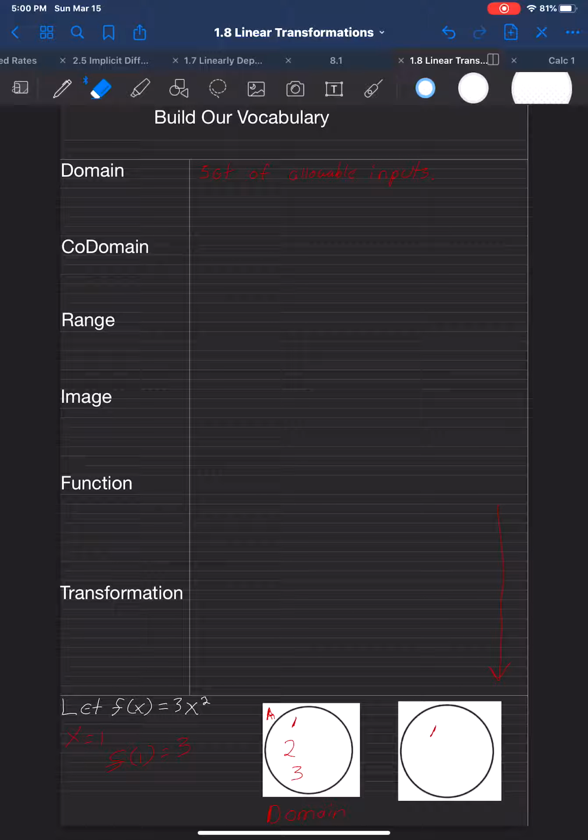The codomain is the set of all real numbers. What I mean by that is every real number from negative infinity to positive infinity exists within the codomain.